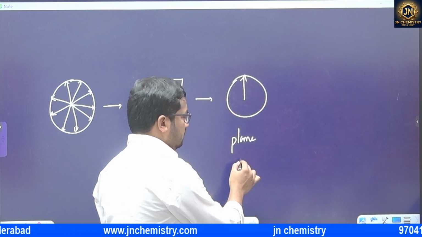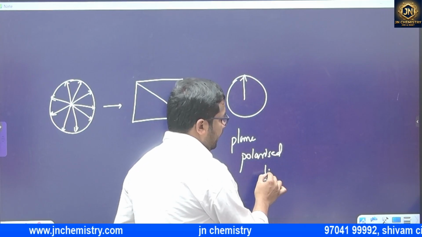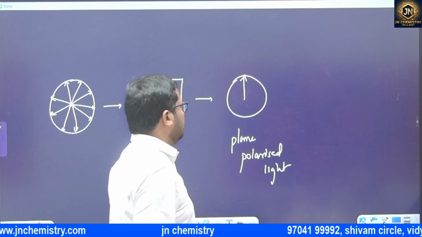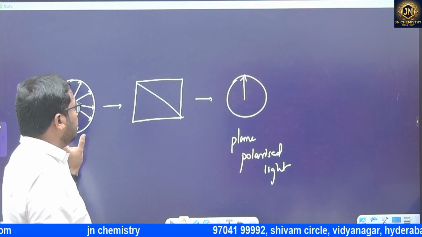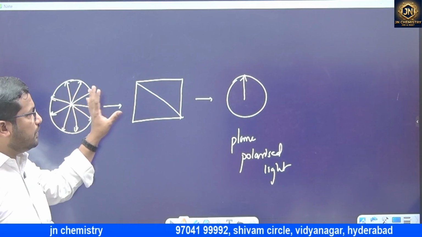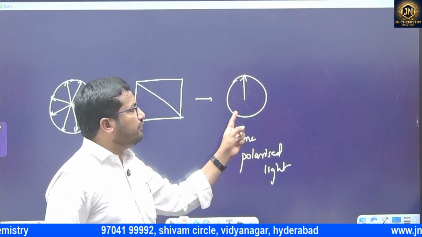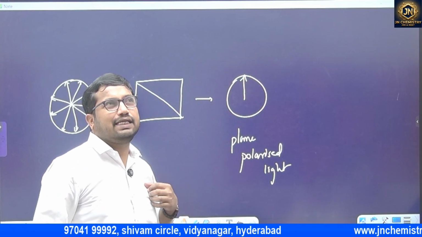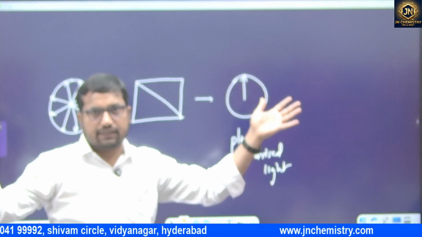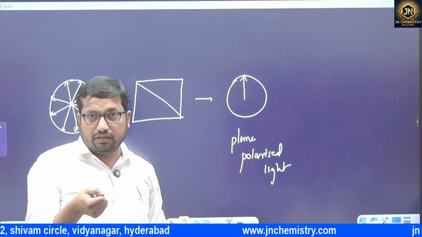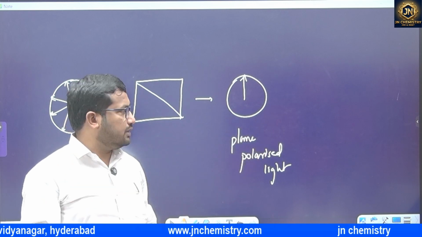Plane polarized light. So when the normal light in all directions is passing through the polarizer, polarization takes place, all vector sum. Like see, for example, normal light is normal tube light in all directions, yes or no? For example, did you see that radium light? It's going in only one plane, straight like that.